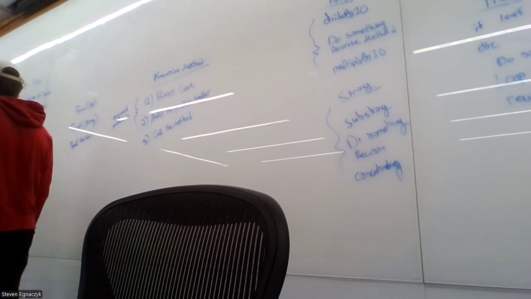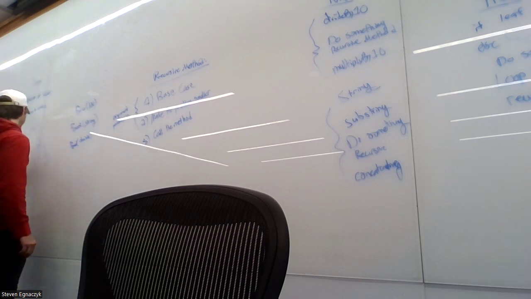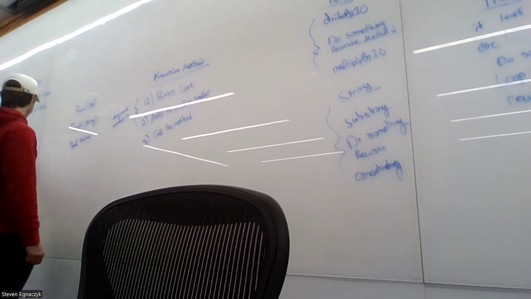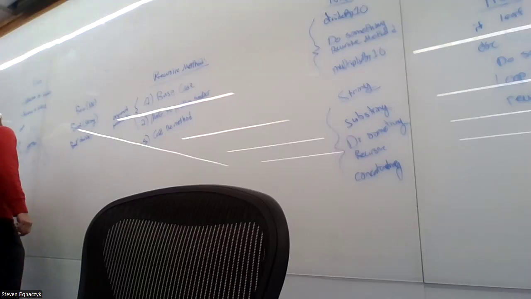I would look at the terminology too, because it's important to know the terminology. This is the root. These are what are known as leaves, or this is a leaf. This is the child. This is a sibling. And then if you want to go that deep, you can say that this is a grandchild.